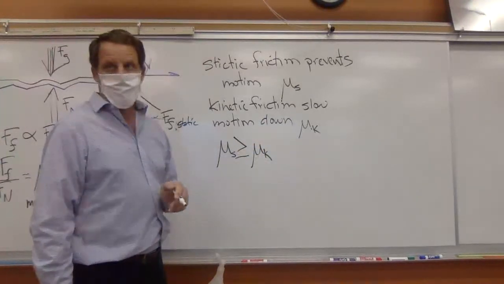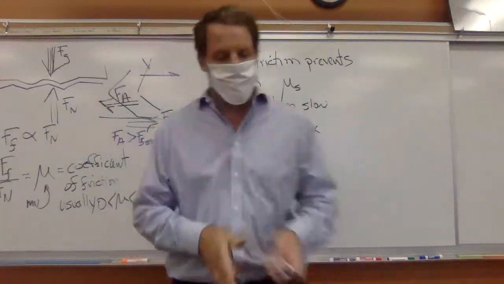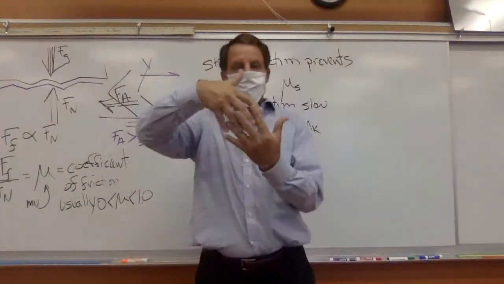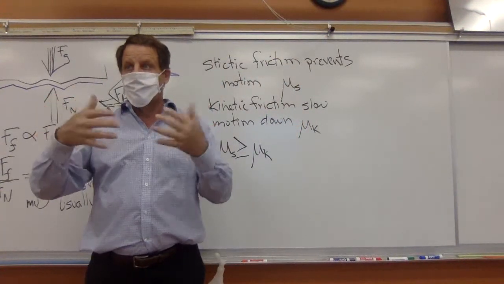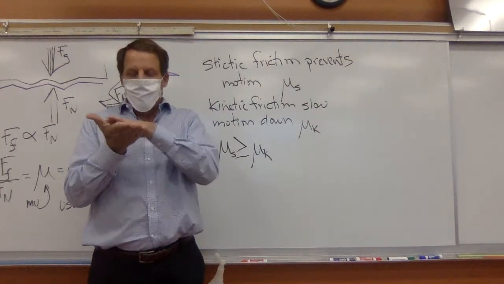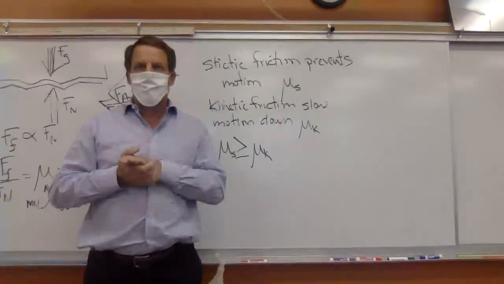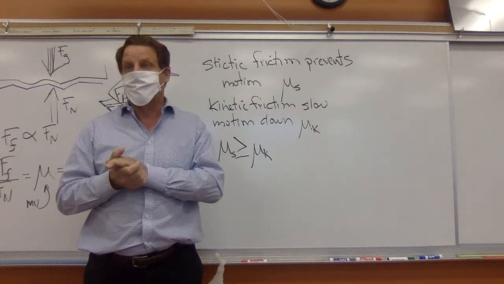kinetic friction. Now, as you guys can imagine, if we have two really rough surfaces, then the friction is going to be greater. As in with wood, if we start using sandpaper or some sort of smoothing device, then the friction is going to get less and less and less.